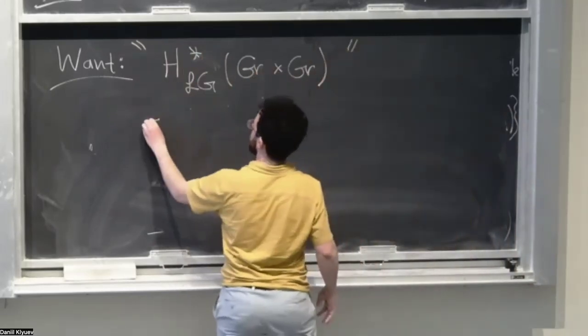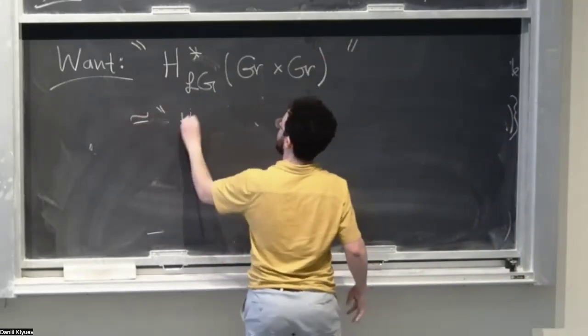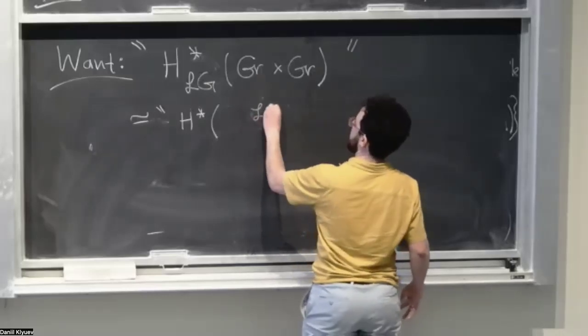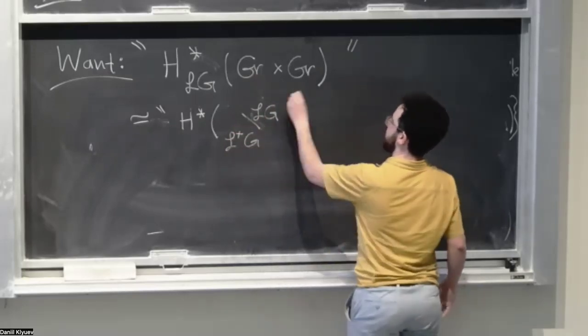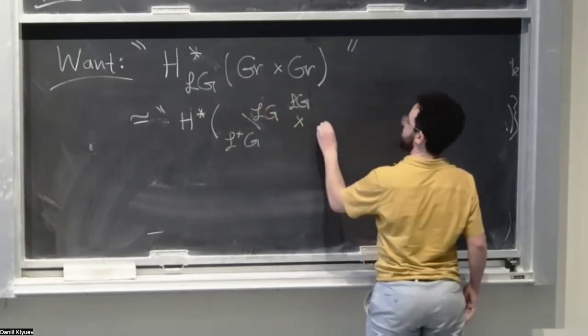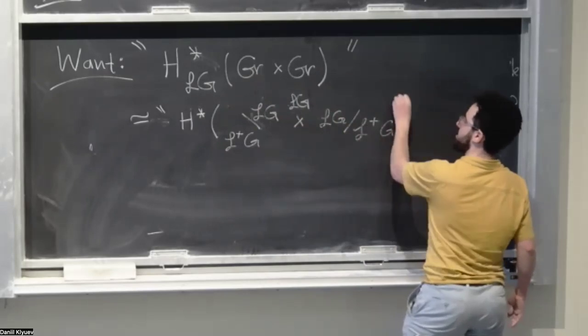And by definition, this is supposed to be the cohomology of, so the Affine Grassmannian is loop mod positive loops, and then we take the quotient by the diagonal action of loop of G. This is the equivariant structure, loop G mod positive loops.